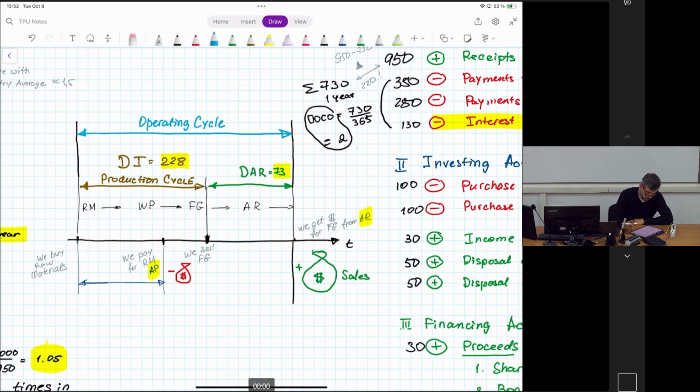So how can we calculate the operating cycle? We should take, so operating cycle equals, look at the graph, at the picture. What should I take? Days in inventory, DI, and add days in accounts receivable.